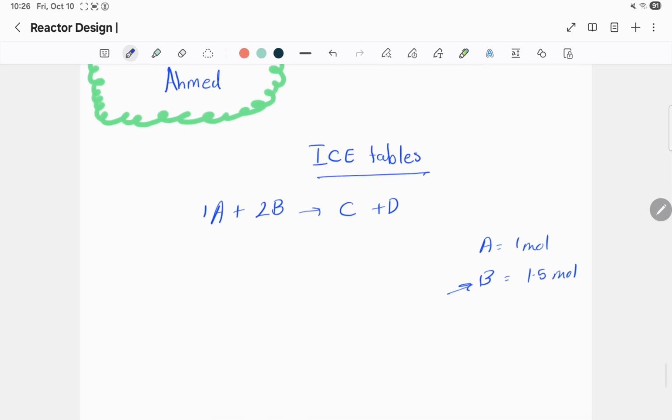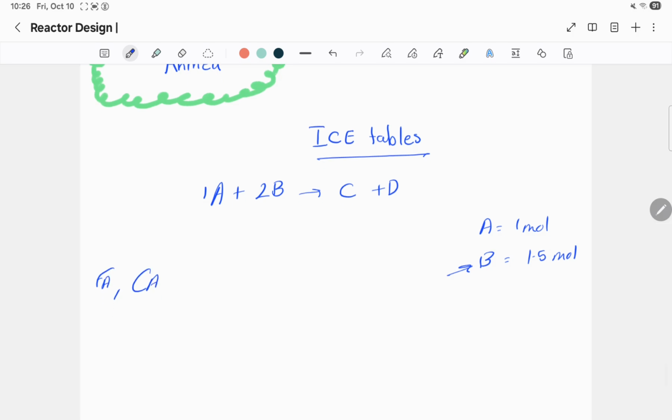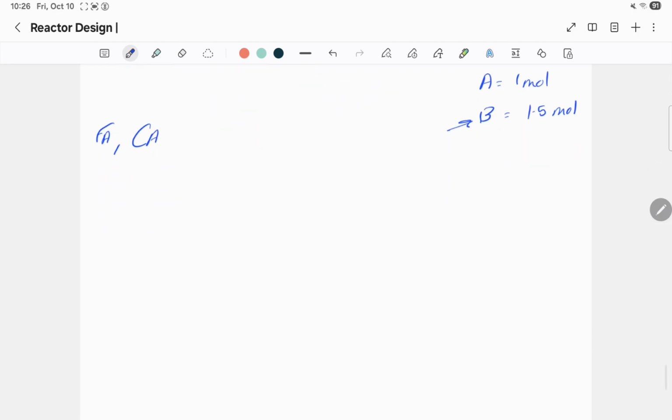The ice tables can be done in terms of flow rates, or concentration. So let's go ahead and do an ice table in terms of flow rate. So FB naught, that's the flow rate of the limiting reactant. So let's draw out our ice table.